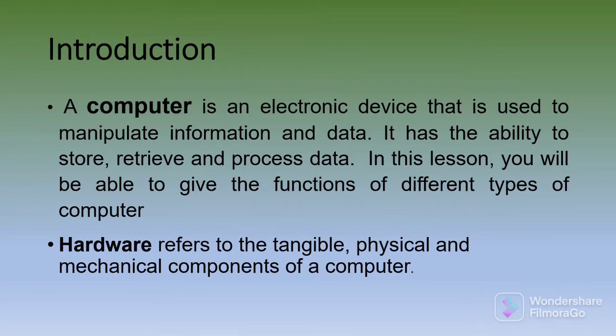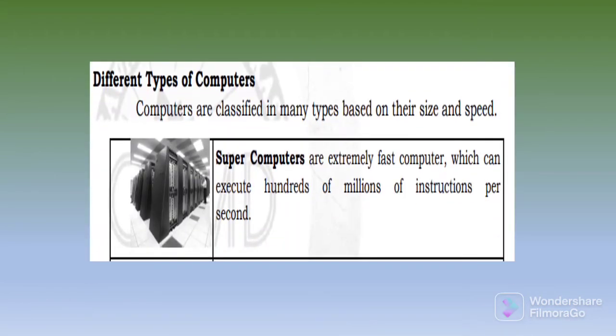Hardware refers to tangible, physical, and mechanical components of a computer. Different types of computer: computers are classified in many types based on their size and speed.